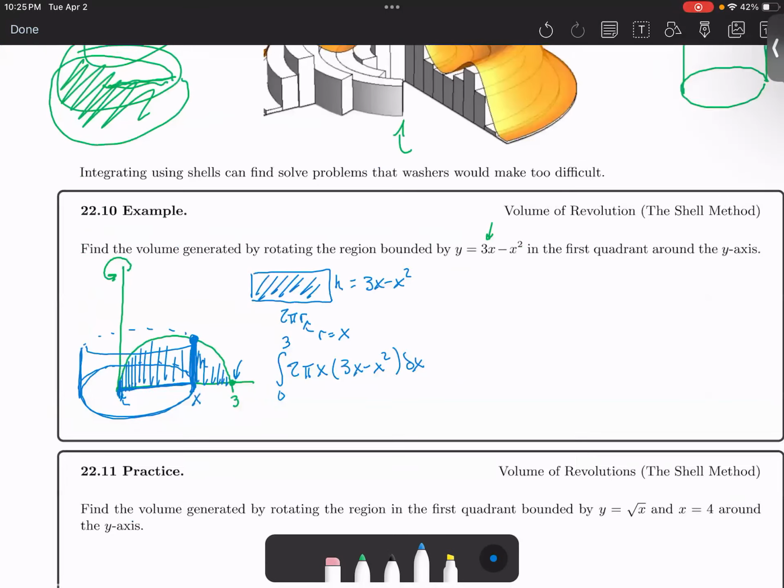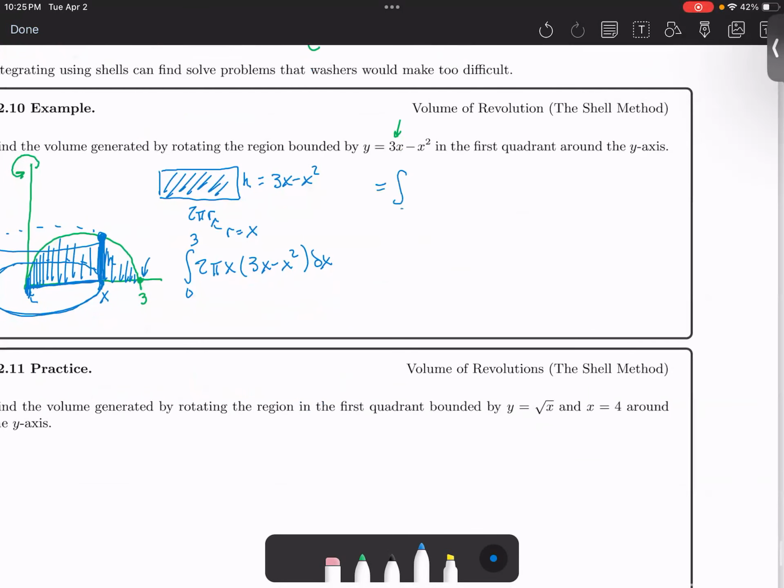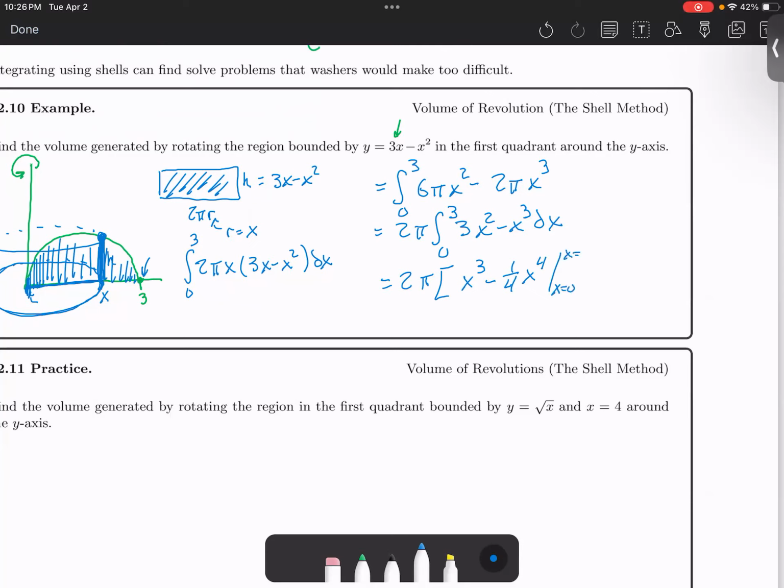So running through this real fast, we have the integral from 0 to 3 of 6 pi x squared minus 2 pi x cubed, which we can pull a 2 pi out of the integral and integrate from 0 to 3, 3x squared minus x cubed. An antiderivative can be x cubed minus 1/4 x to the 4th, which we will evaluate between x is 0 and x is 3.